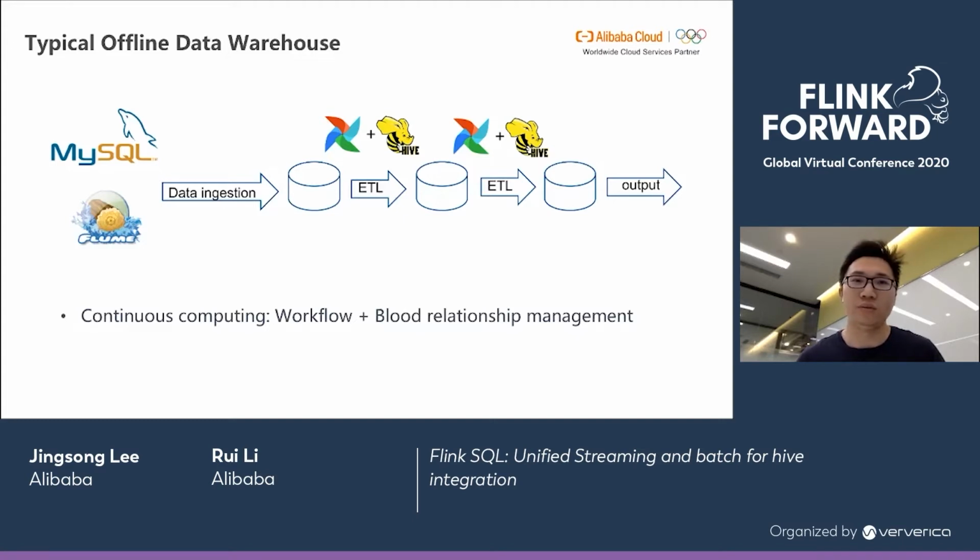Each layer stores data tables, and the data tables are converted by Hive SQL. We can call it ETL. And Hive ETL is just static computation. For continuous computation, we need workflow and batch relationship management.